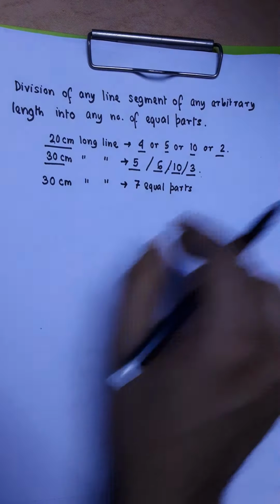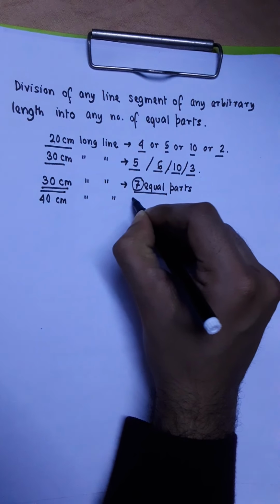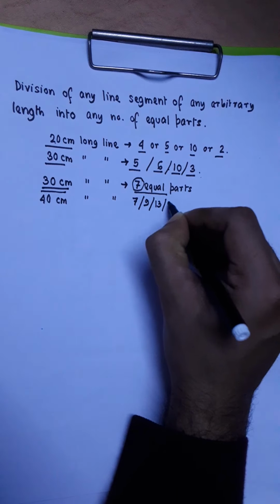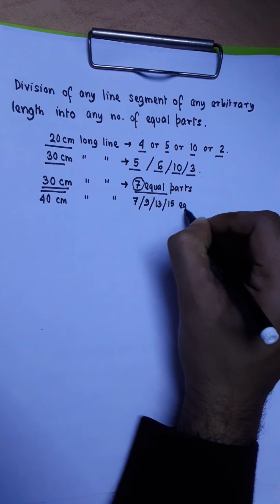So suppose you face a situation where you have to divide a line into a certain number of equal parts where the total length of the line is not an exact multiple of the number of equal parts into which you want to divide the total segment. Then what do you have to do? Similarly, you can face a problem where you have to divide a 40 centimeter long line into 7 or 9 or 13 or 15 equal parts.